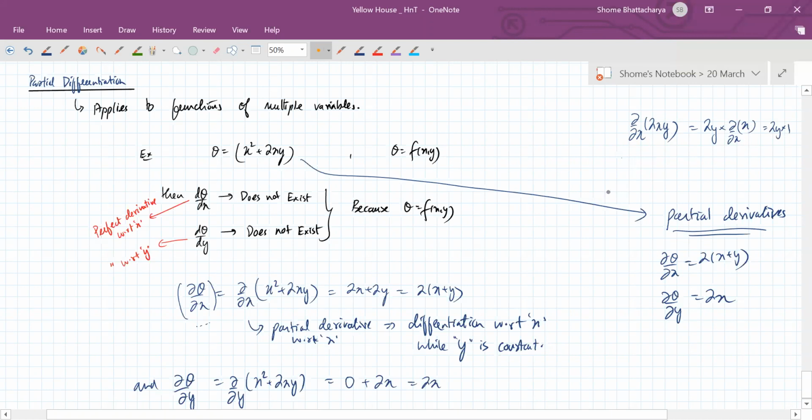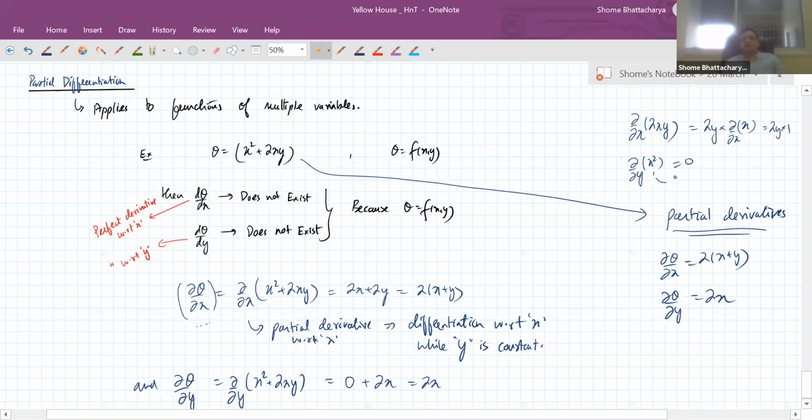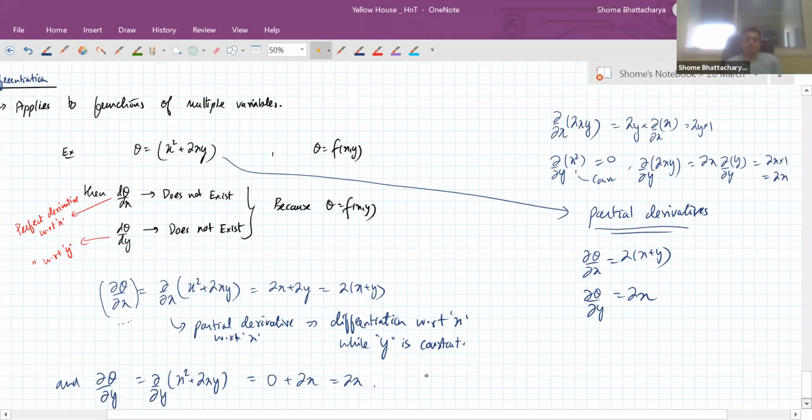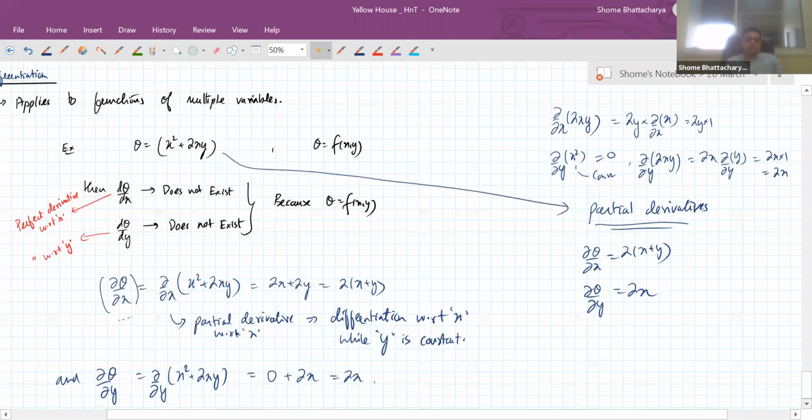Now similarly, in the second one, the derivative with respect to y of x square is what? 0, because x square is a constant. But for the derivative of 2xy with respect to y, this time we take 2x outside and differentiate y itself, so that is 1. That is 2x into 1, that's 2x. That's how we got this. Got it, sir.